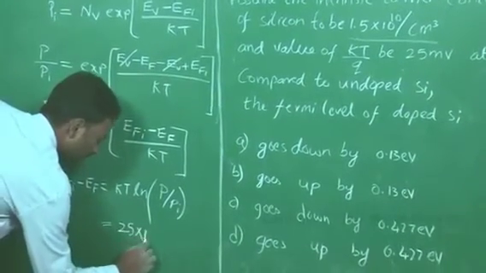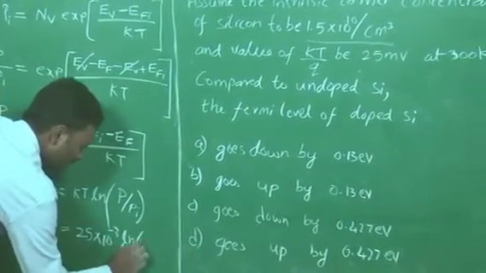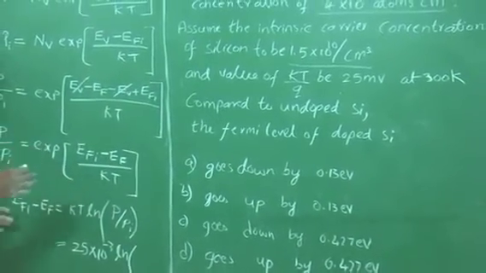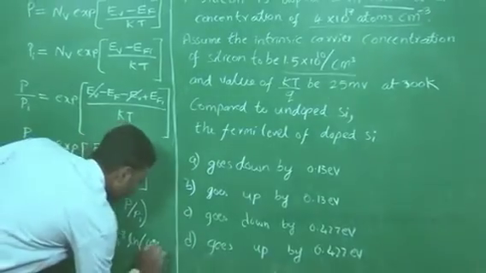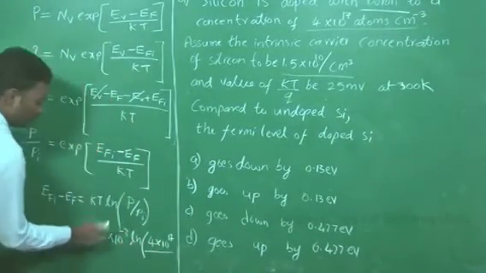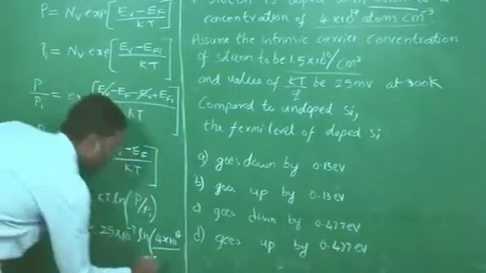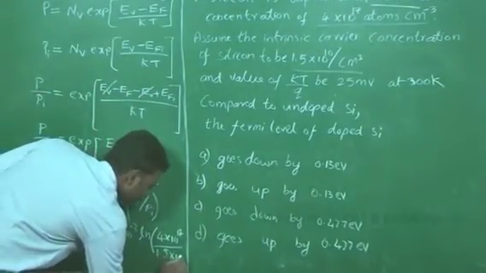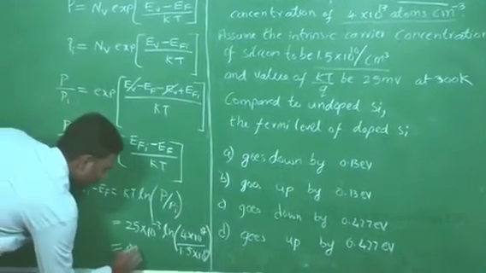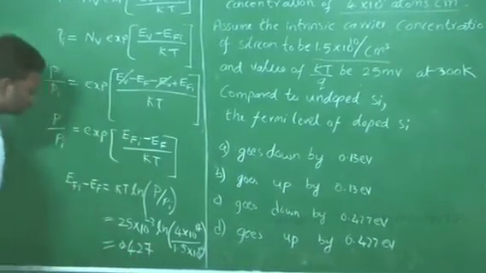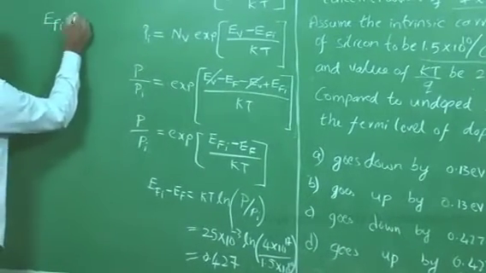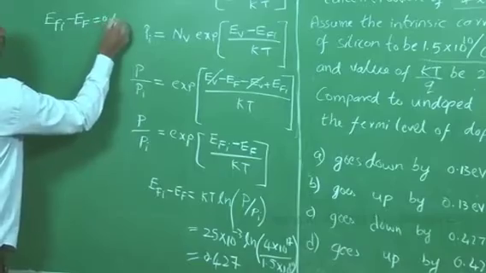We write it as 25 × 10^-3 times ln of P, which is given as 4 × 10^17, that is the concentration equal to the number of holes, divided by Pi, the intrinsic concentration, 1.5 × 10^10. This value will be equal to 0.427. So what we have got is Efi − Ef equals 0.427.